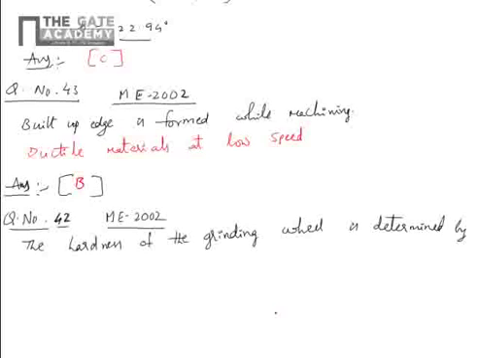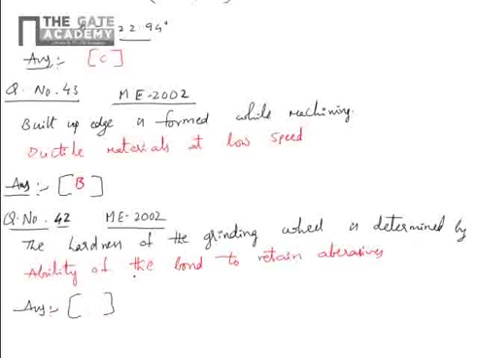Option A, no, it is not. Option B may be. Option C is also not. Option D is also not. So the answer for 42 is ability of the bond to retain abrasives. The answer is B.